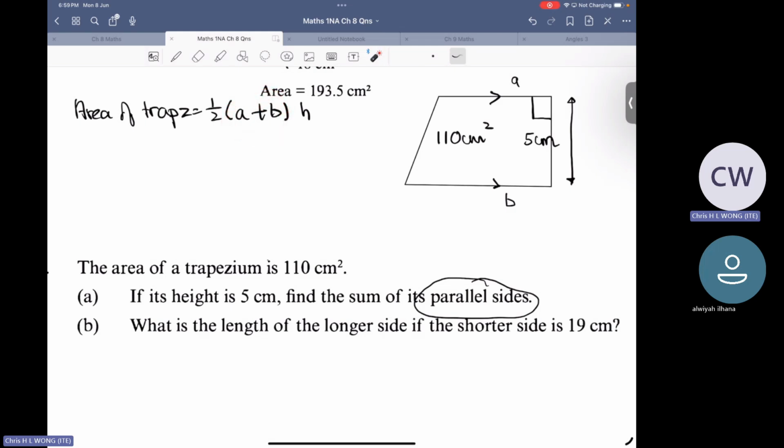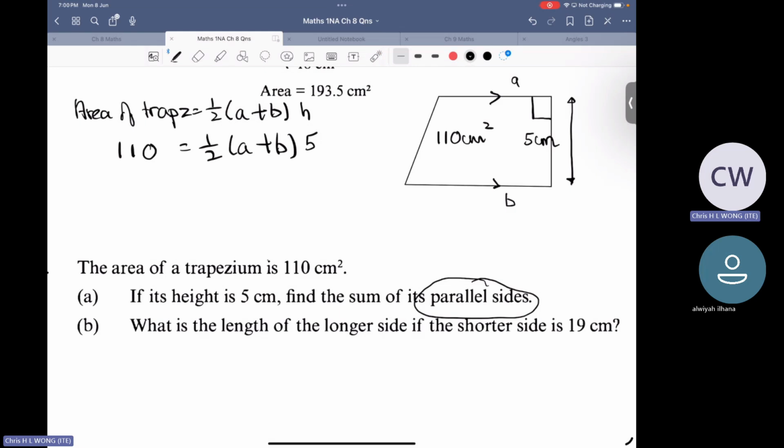But I've given you the area of the trapezium, 110, so I break it down: 110 equals half A plus B. Do you know what H is? I've given you the height, 5, which I put here already.